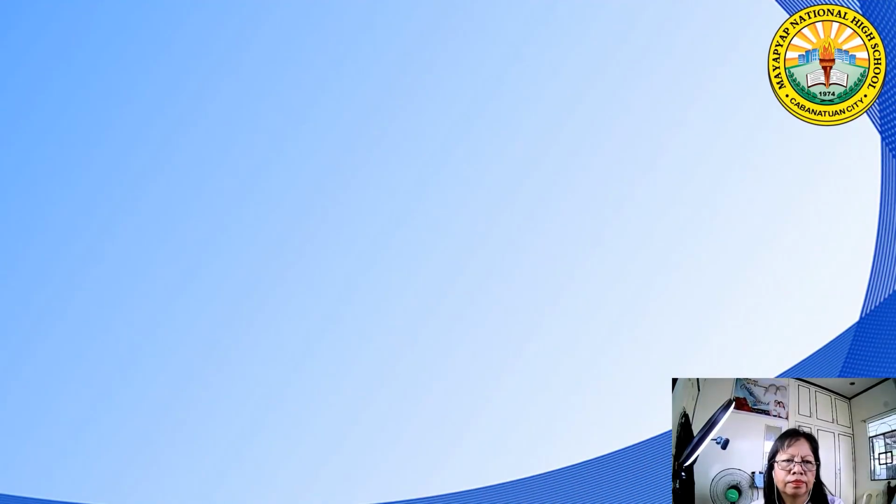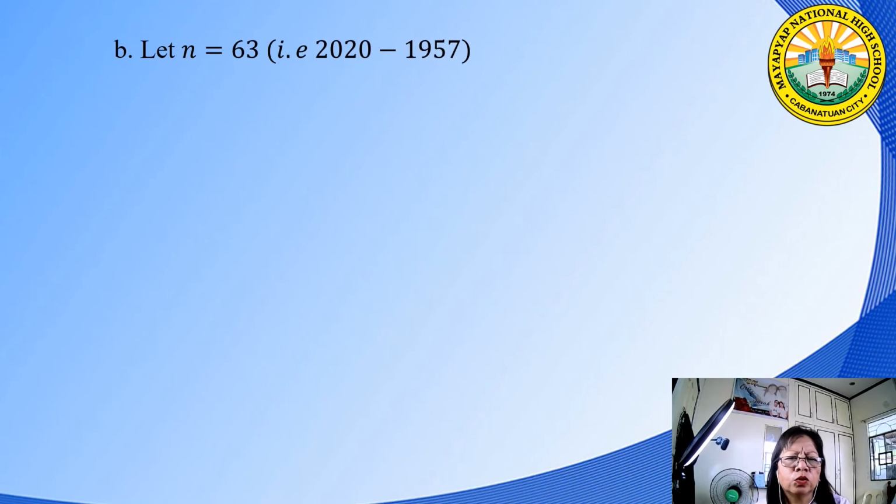So let n equal 63. That is, you subtract 1957 from 2020. So y equals 50,000 times 1.082232 raised to n, where n is equal to 63.